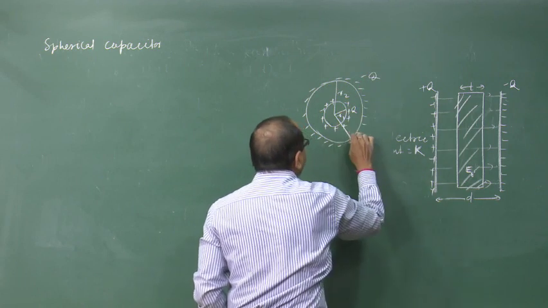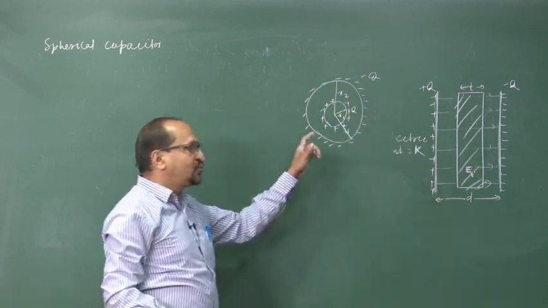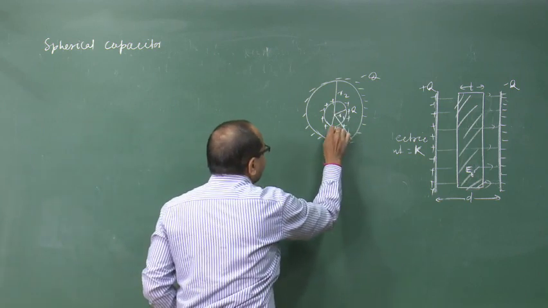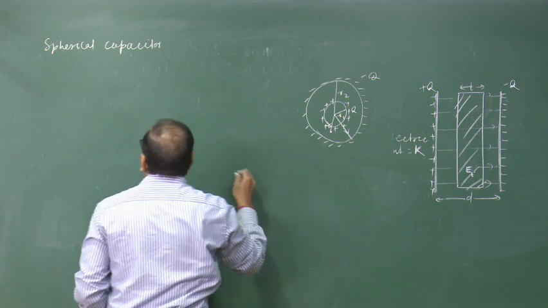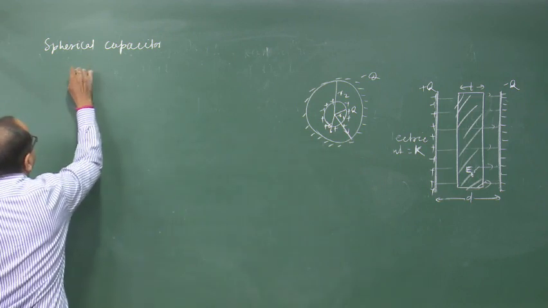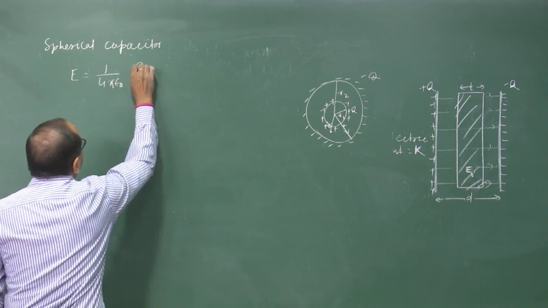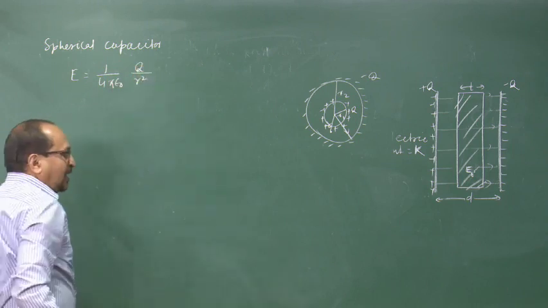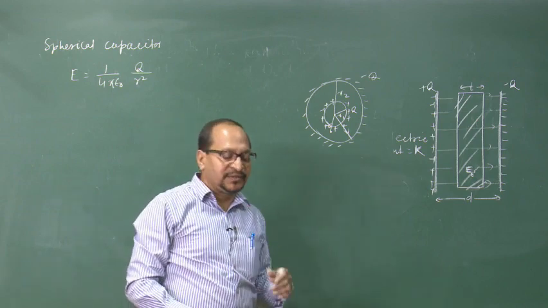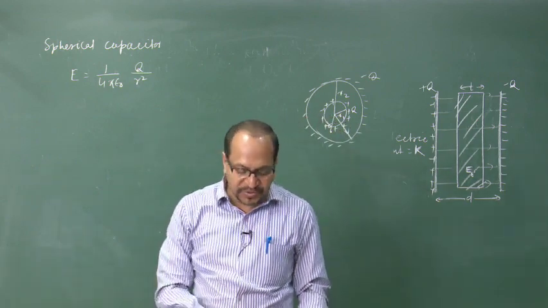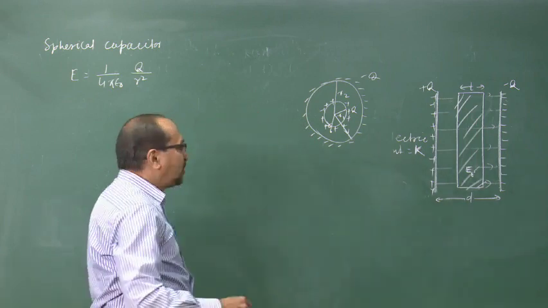Then an electric field exists between the two spheres, and at a distance r from the center, applying Gauss law, we can find the electric field E is equal to 1 by 4 pi epsilon naught q by r square. I have already discussed that the electric field due to a spherical charge distribution outside the charge distribution is 1 by 4 pi epsilon naught q by r square.